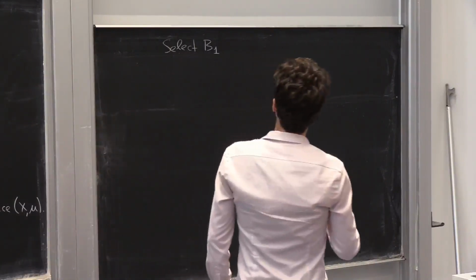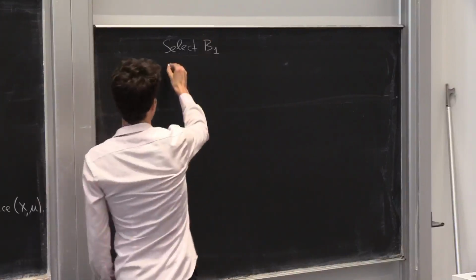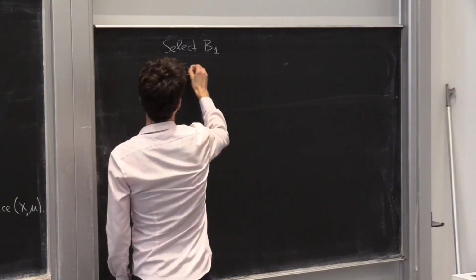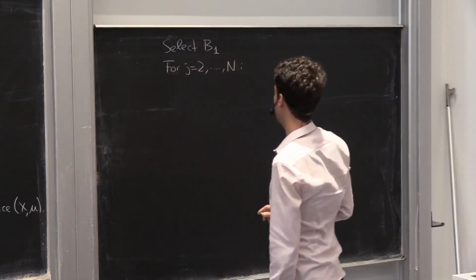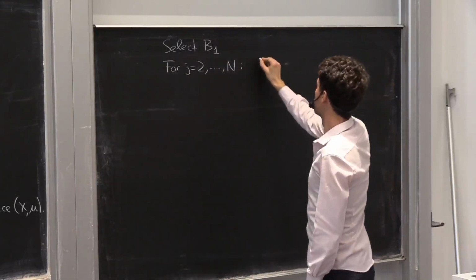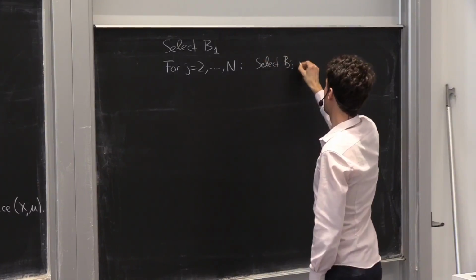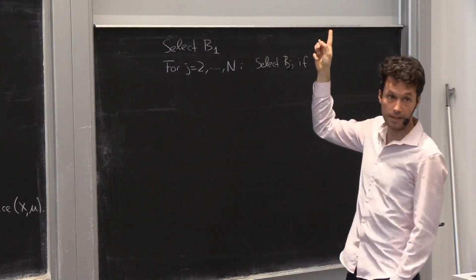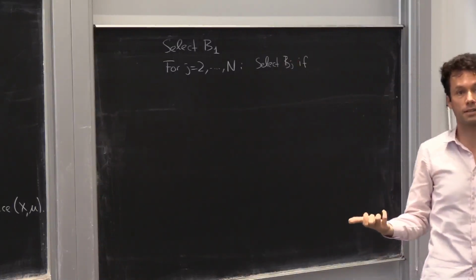Okay. Select B1. So I take the largest ball. And then for j from 2 to n, I do the following thing. I'm going to pick Bj if I'm allowed to pick it, and I'm allowed to pick it if it is disjoint to every previously selected ball.